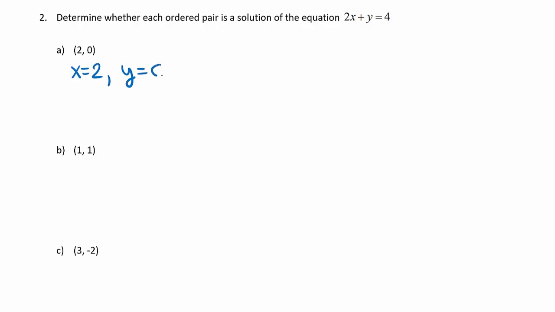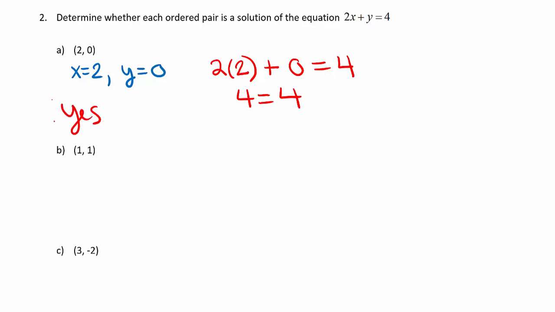So in part A, that ordered pair is telling me that x equals 2 and y equals 0. So I'm going to take the equation above and I'm going to replace the x with 2 and the y value with 0. And then if I do the math, I notice I get a true statement, 4 equals 4. And so yes, this point is a solution to this equation because it works out.